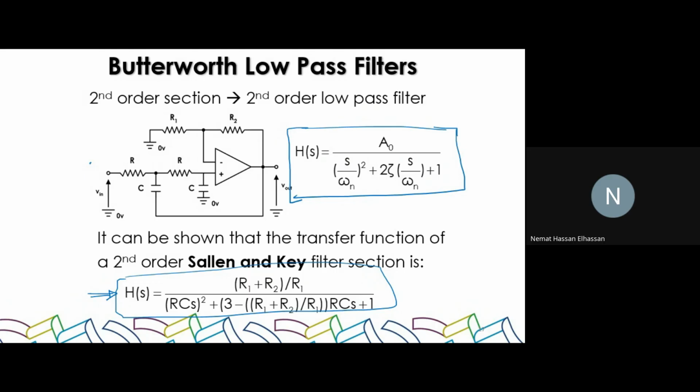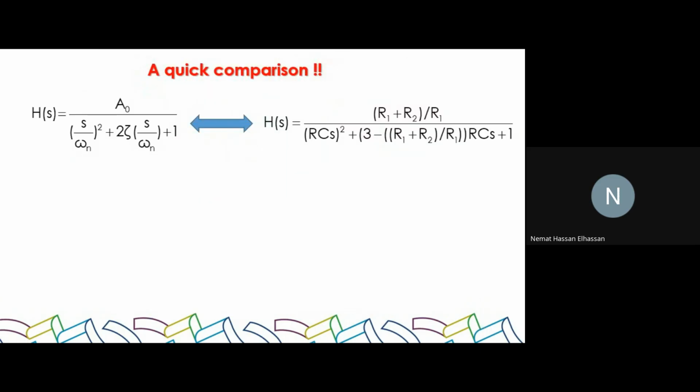So this is the standard form, and this is the actual transfer function that we've derived from circuit analysis methods. If you compare the standard form to the actual circuit, you can get values that are important to you. For example, you can compare this to this and find the value of gain, right? A0 represents gain. What is the gain equal to by comparison?